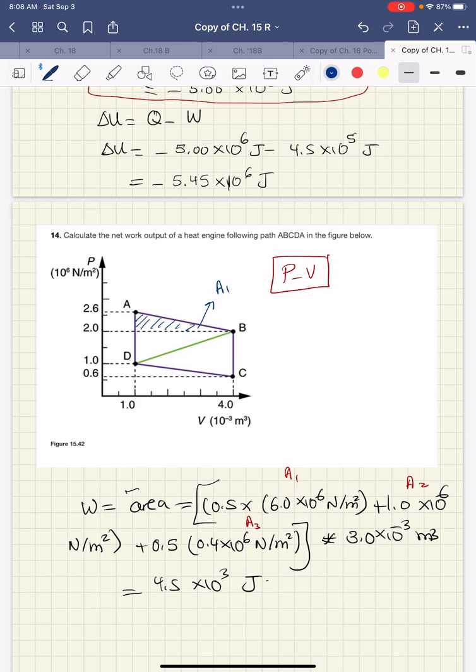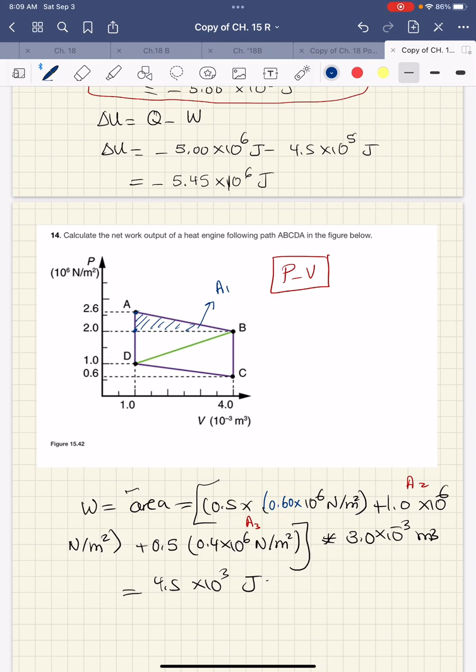And A1 is 0.6 times 10 to the 6, sorry, this is 0.6, because the base is 2.6 minus 2, then it is 0.6 times 10 to the 6 multiplied by 1/2.